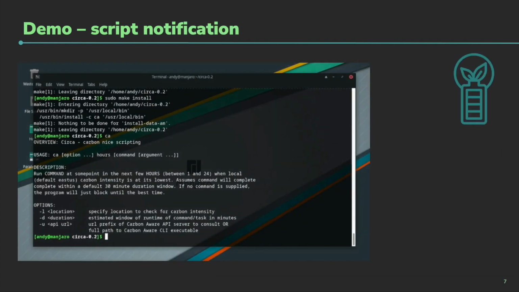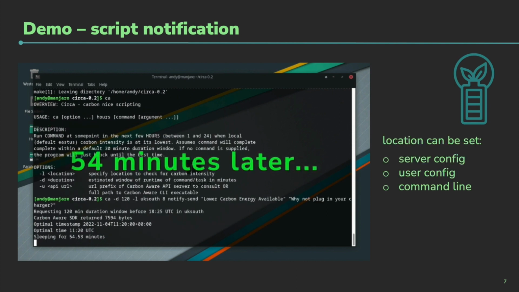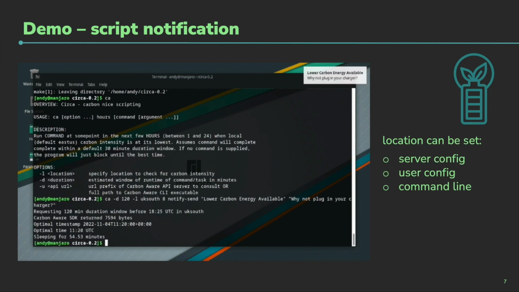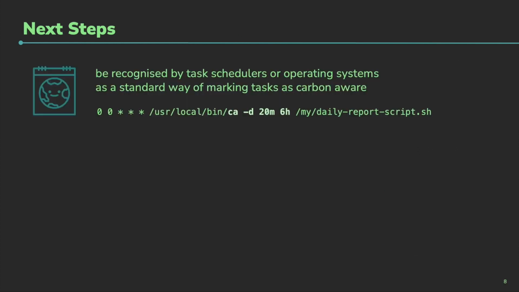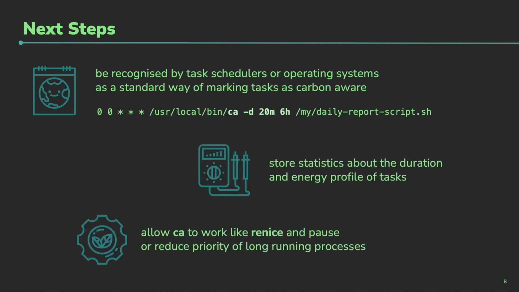To test it, I chose to write a little script that checks for the best 2-hour window in a particular location to plug your laptop in, and shows a little notification when that time comes round. So Circa is ready to be used in task schedulers, but my overall goal is that the command could be used like a signature as a standard way of marking tasks as being carbon aware. Although there are other extensions that we could make, I think it's a pretty good first step.